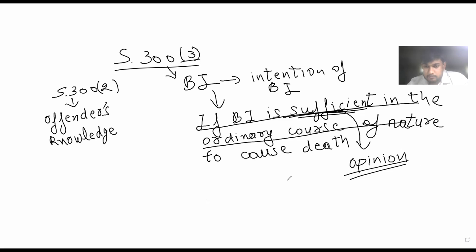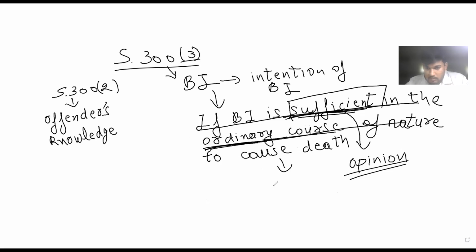Okay, if that bodily injury was not sufficient in ordinary course of nature to cause death, then section 303 will not be proved. It must be proved that the injury which was inflicted by the accused must be sufficient in the ordinary course of nature to cause death. Got it? Okay.